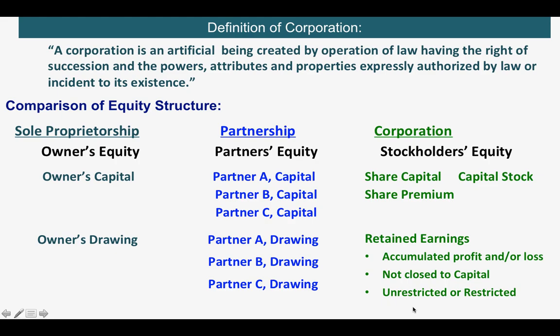However, we can differentiate retained earnings into two: unrestricted or restricted. Unrestricted means there is no specific purpose yet for the use of the retained earnings. Restricted is the portion of the retained earnings that is set aside for a specific purpose.